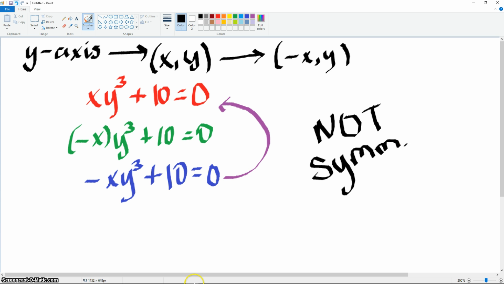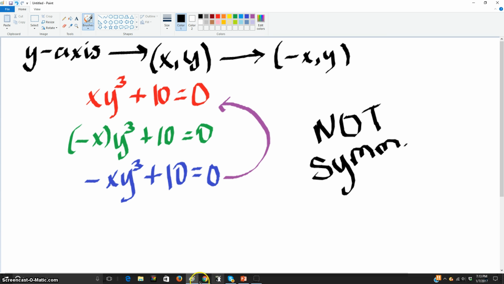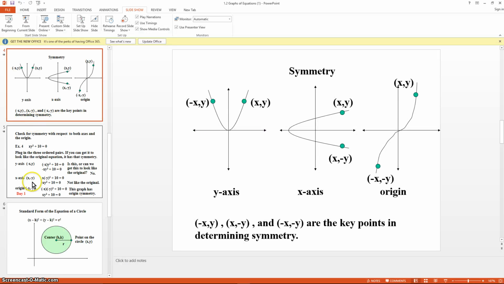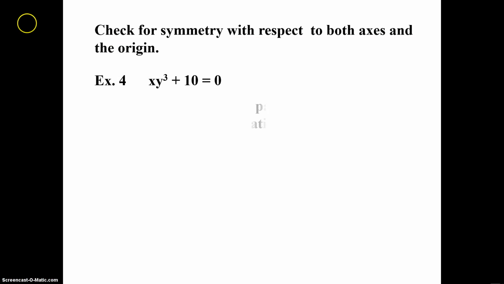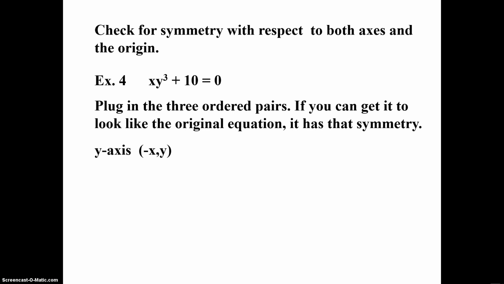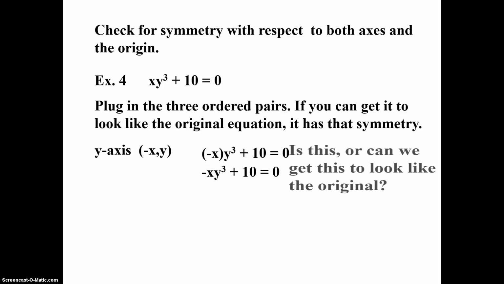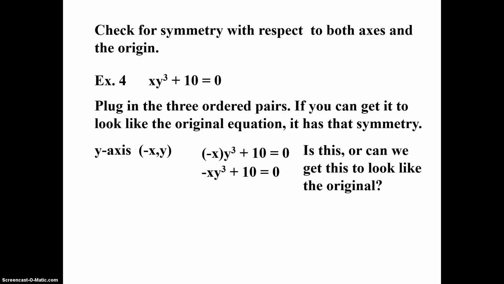Okay? Now we're going to move on. So that's the one that we just did right there. Then I'm going to say, well, let's plug in for the x-axis. And if you recall the picture, it goes from positive x comma y to positive x negative y.